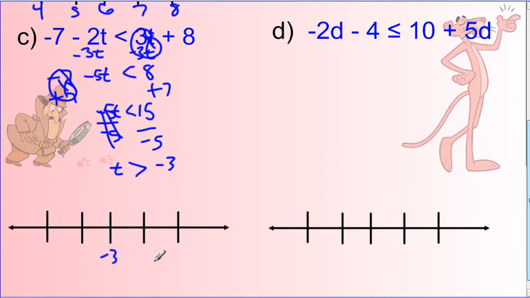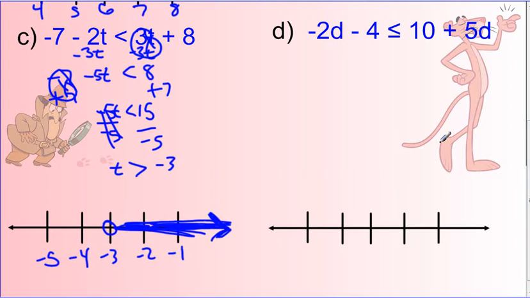Now you get your negative 3, bigger and bigger, and smaller and smaller. You put a hollow dot at negative 3, and you shade it to the right. That shade got a little sloppy, but that's okay.